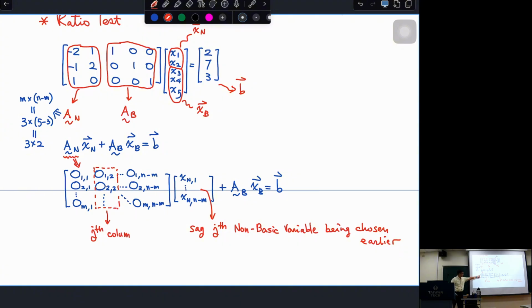Only the jth column is important because only the jth will become non-basic. Only the jth coefficient will be multiplying with the chosen one, which will become non-basic. The rest remains 0. Okay?